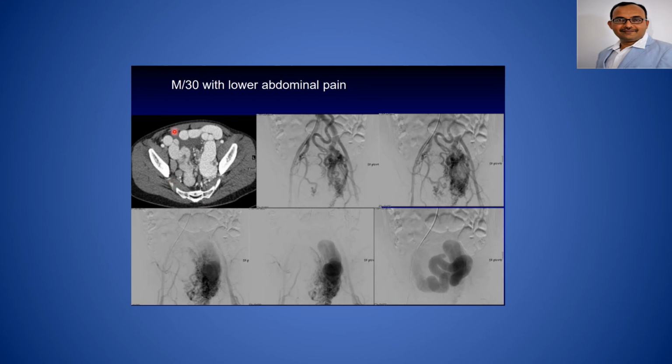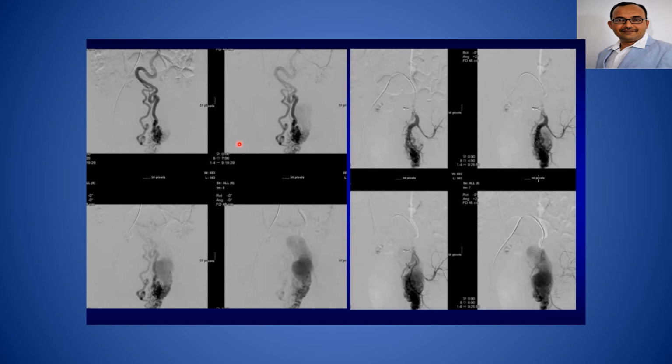This patient is a 30-year-old male with lower abdominal pain, and there is a classical nidus over here, and you can see there is a single dilated dominant vein. Now selective angiography shows the main feeding artery is the inferior mesenteric artery, and it gives drainage to the malformation.